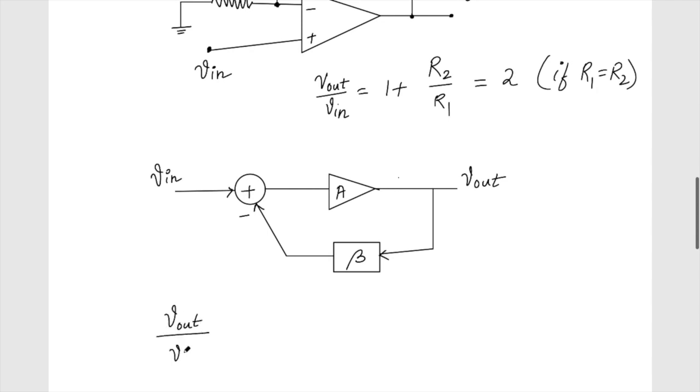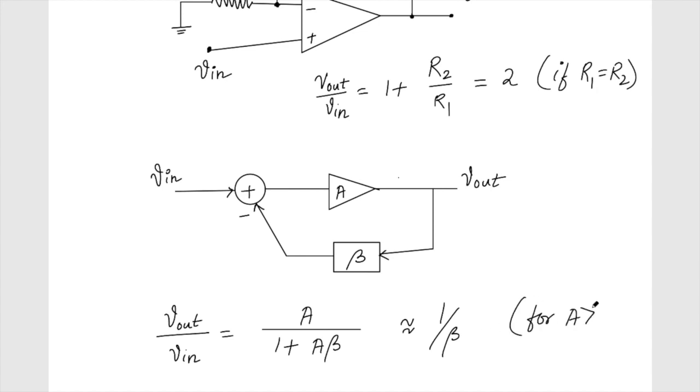From the basic classes, we know that V out by V in in this case is given by A by 1 plus A beta. And if A is very large, this is almost equal to 1 by beta.